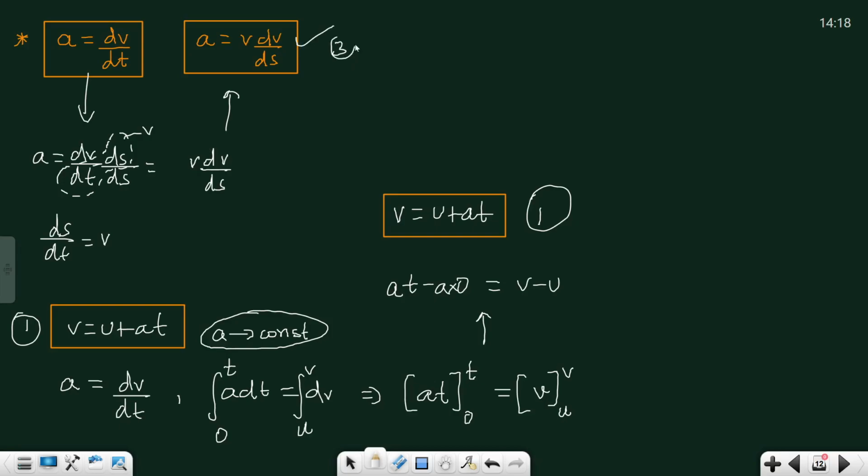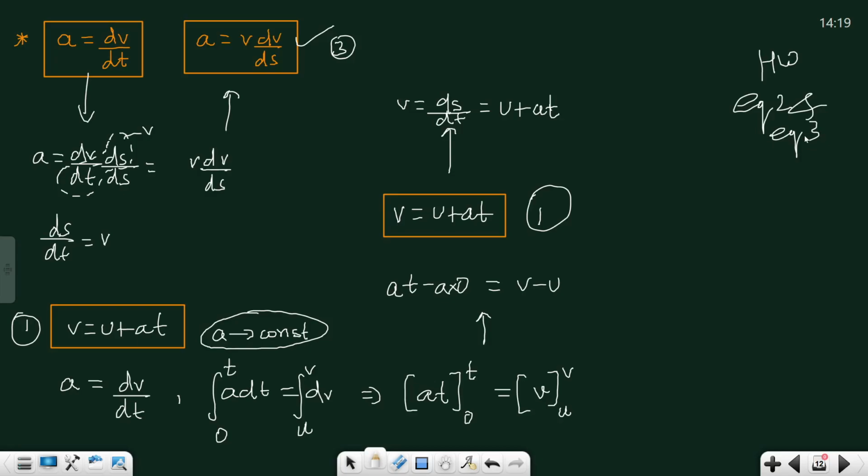For the second equation, you can write v as ds by dt. I'm just giving you the approach for the derivation of the second equation, and go for the integration. For homework, you have to derive equation 2 and equation 3. Clear?